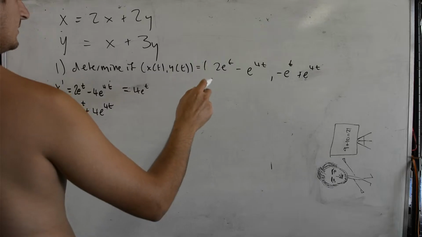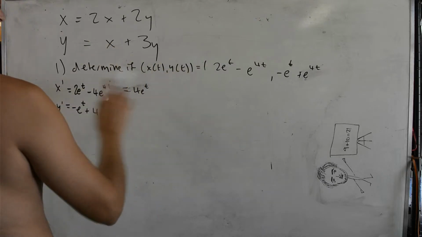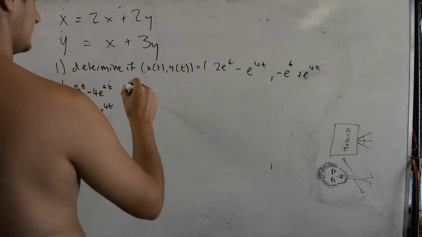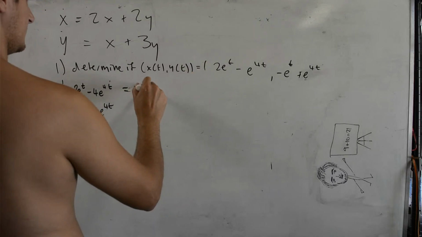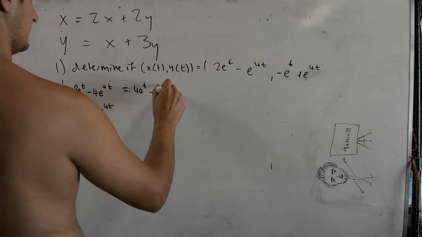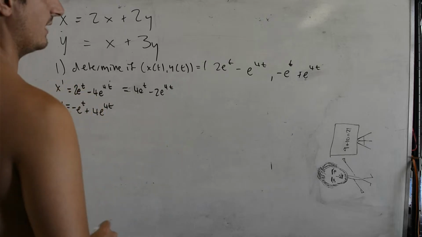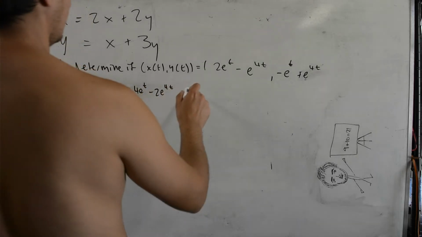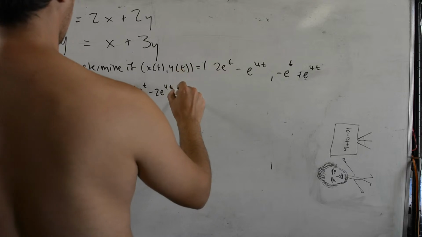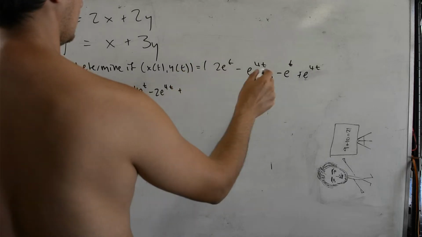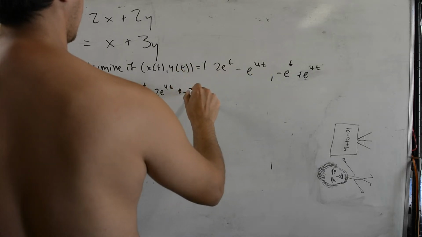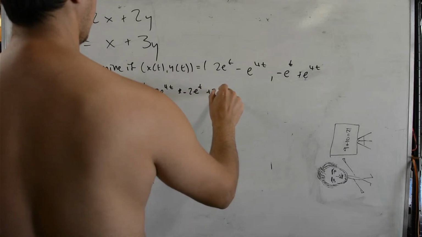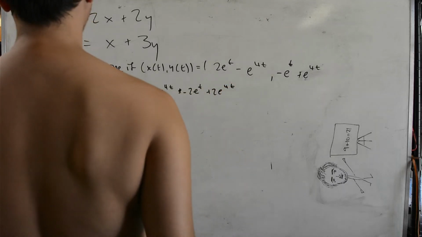So this is going to be 2 times, oh wait, but this is x prime. So this is going to be 2 times x, which is 4e to the t minus 2e to the 4t. Dude, why am I doing this? This is so boring. And this is going to be plus minus 2e to the t plus 2e to the 4t.